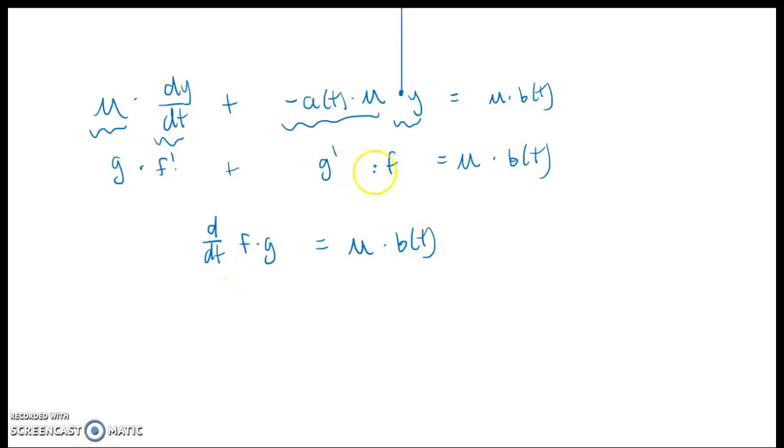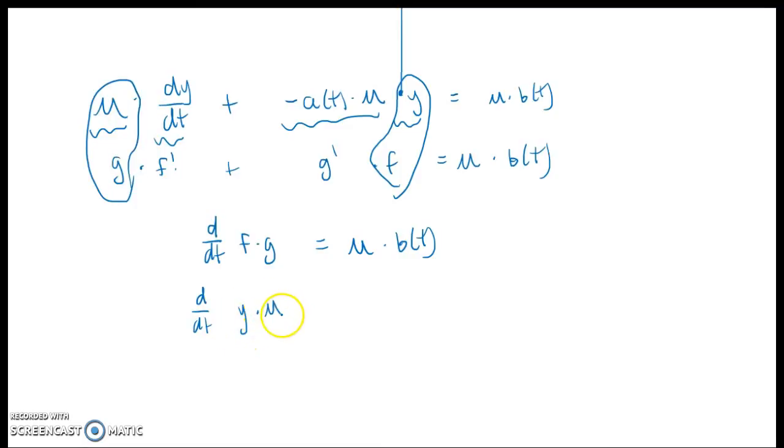And what is f and what's g? Well, f is y, once again, and g is mu, once again. And so now I have the derivative of y times mu is equal to mu times b of t.